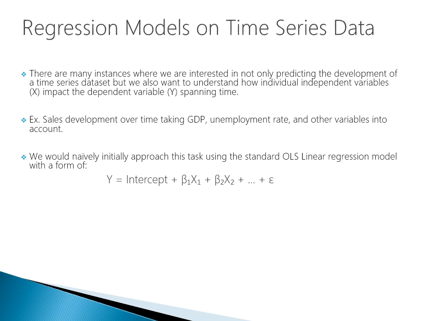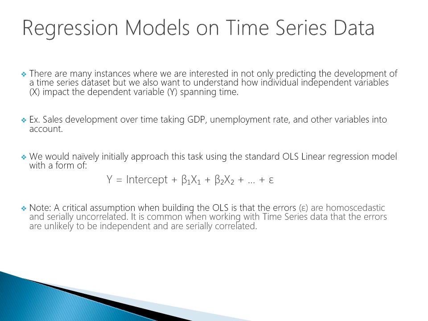So if you need a refresher on those techniques, please feel free to check out that presentation. Now, one important thing to note is a critical assumption when building with OLS regression is that the errors are homoscedastic and serially uncorrelated. It is common when working with time series data that the errors are unlikely to be independent and are serially correlated.